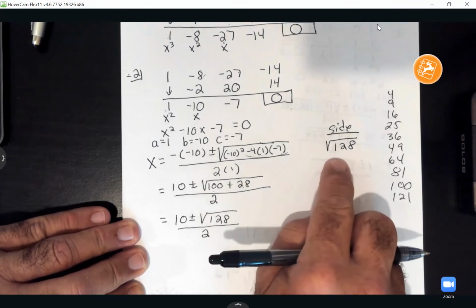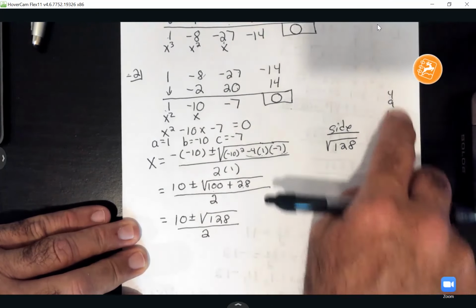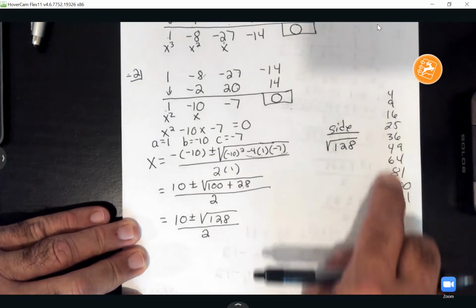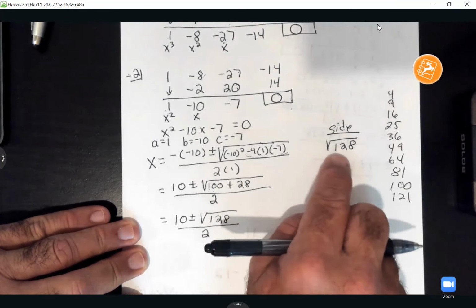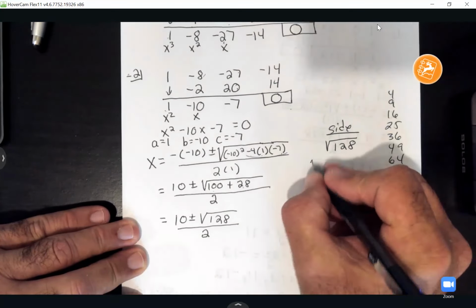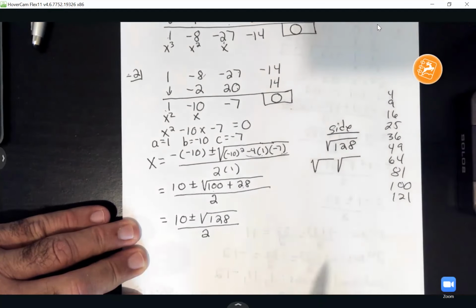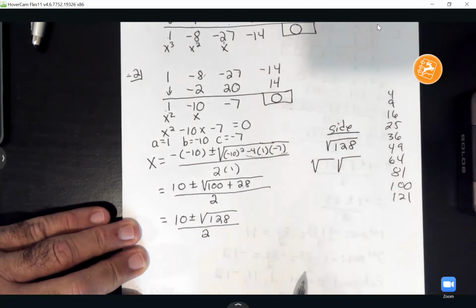And then I'm starting to get too big for this radical. But I'm looking for the largest perfect square in this list that is a factor of that 128. 64. Oh, that was really good.